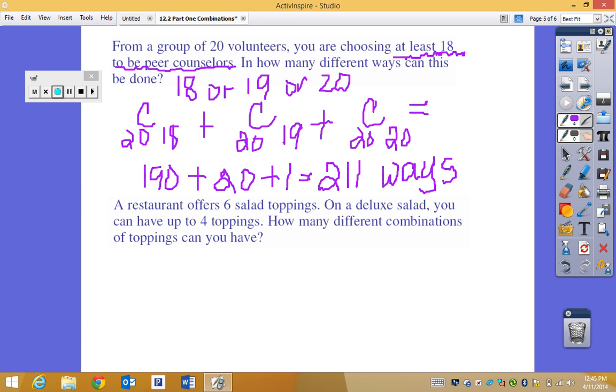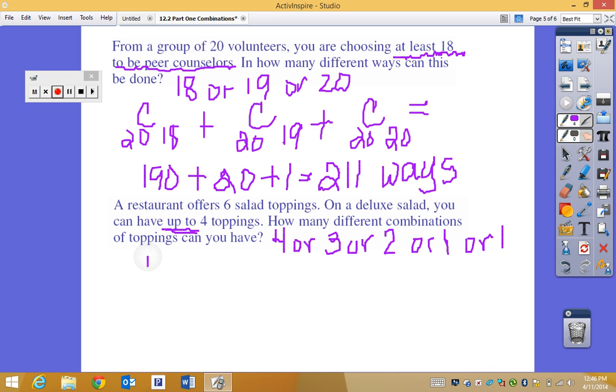A restaurant offered 6 salad toppings. On a deluxe salad, you can have up to 4 toppings. So that means I could have 4, or I could have 3 toppings, or I could have 2, or I could have 1, or I could have no toppings and just have the lettuce. So we will do our different combinations with each of these.